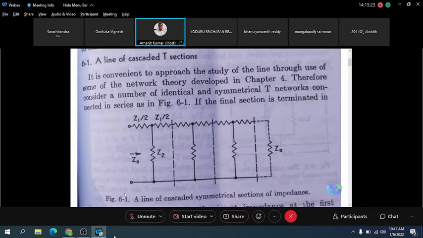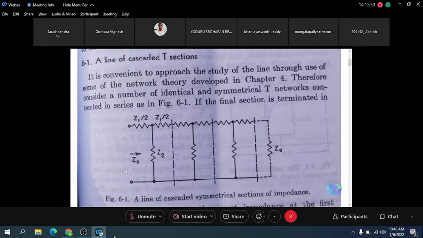Now suppose n tends to infinity, then what will happen? Without limit, if we are increasing the T sections of this cascaded network, what will be the input impedance then? If we use an infinite number of T sections and we cascade them, what will be the input impedance here? Finally, if it is terminated in Z naught, what will be the input impedance at the first section?